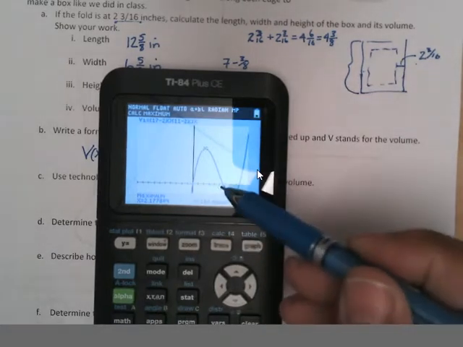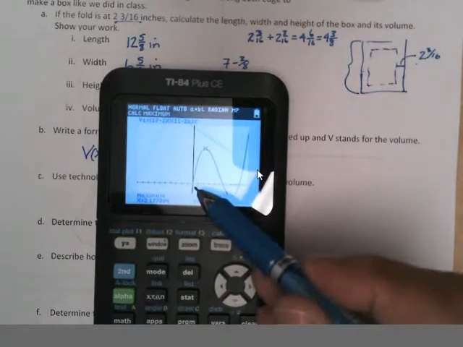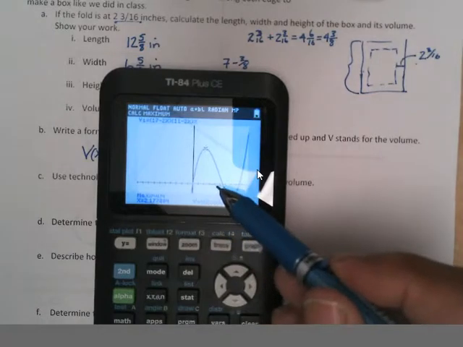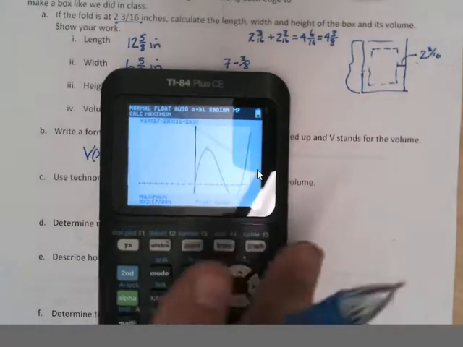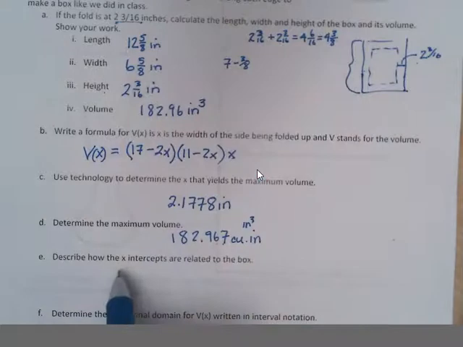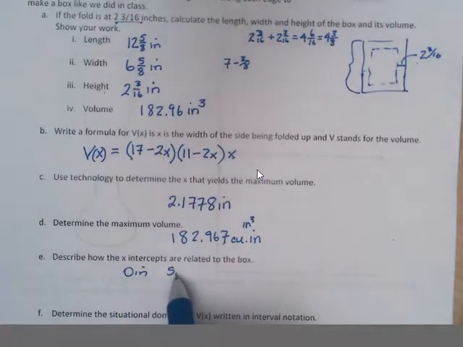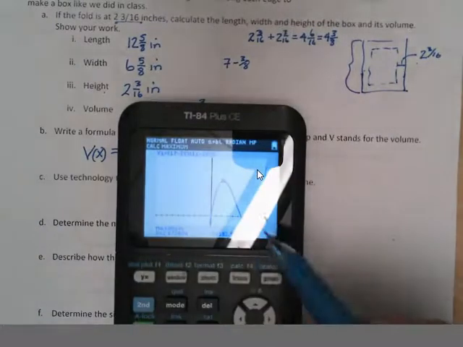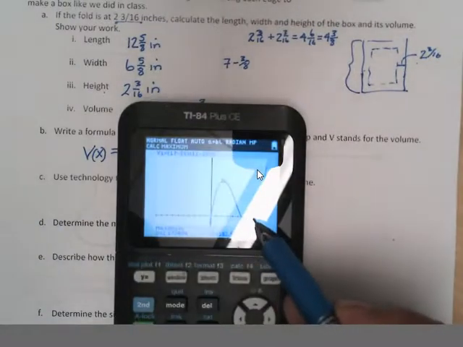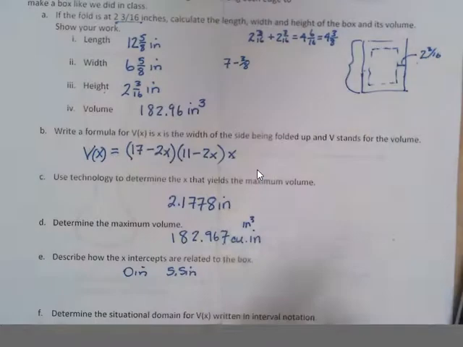It would also have no volume if we folded it at 5.5. The x-intercepts are 0 inches, 5.5 inches, and the other one is 8.5.